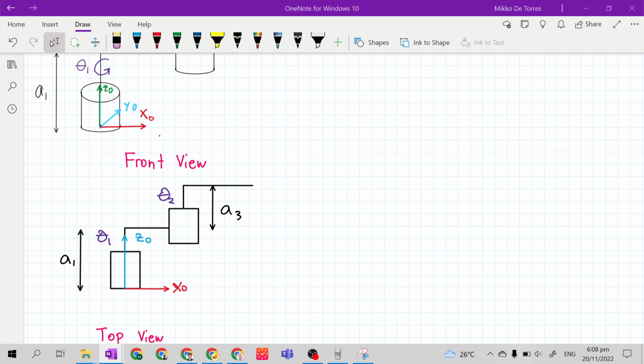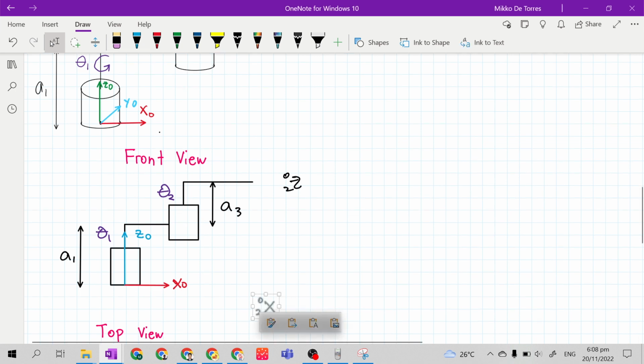At the front view, this is the end effector, and at the end effector there are Z02 and X02. Where can you find Z02 and X02?